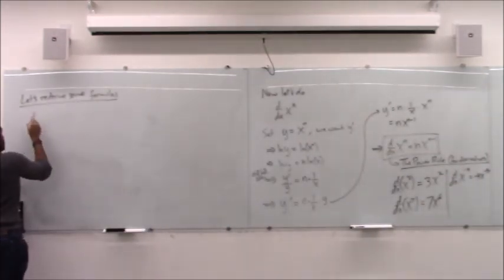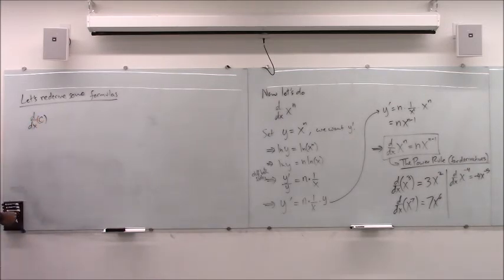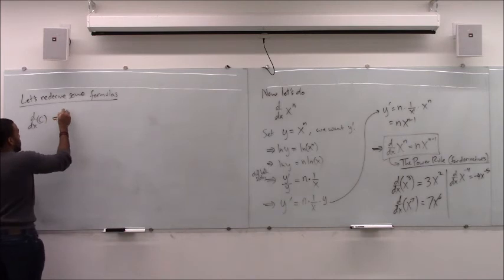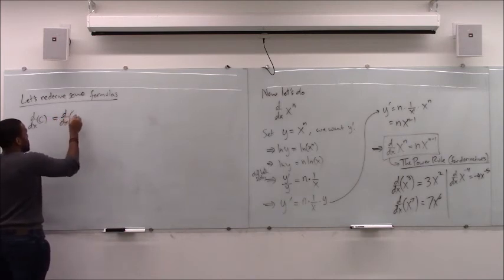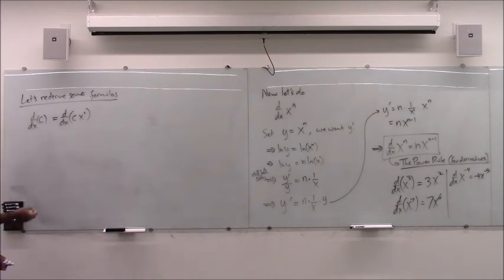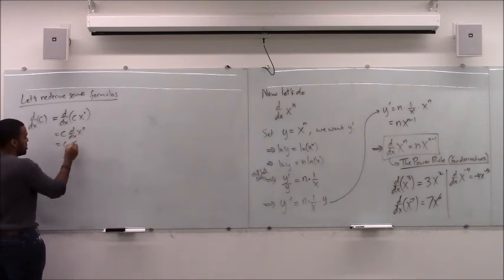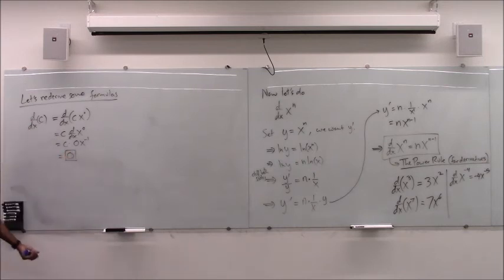So, we know the derivative of a constant is 0. Had you known this rule, you could think of this as c times x to the 0, because x to the 0 is like 1. I can factor out the c and then apply the power rule. This is 0, x to the minus 1, which is 0. So the derivative of a constant is 0.